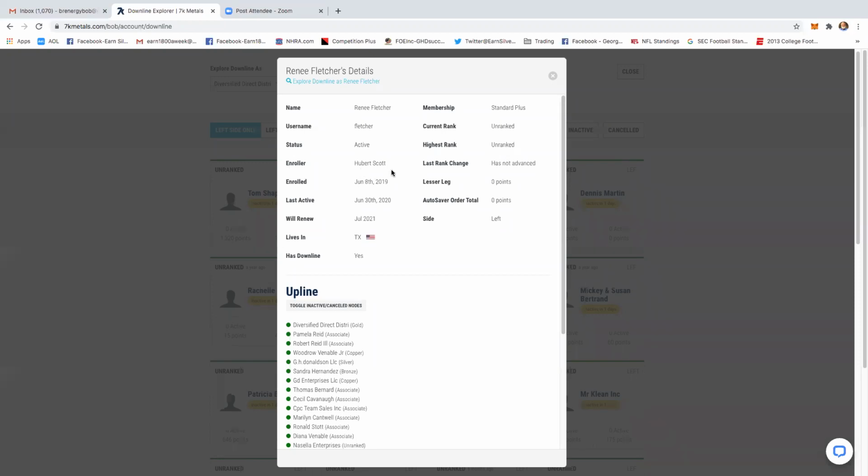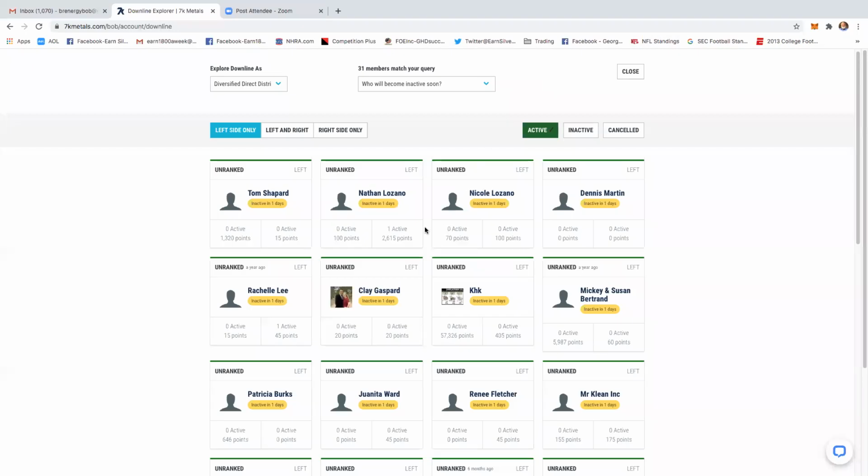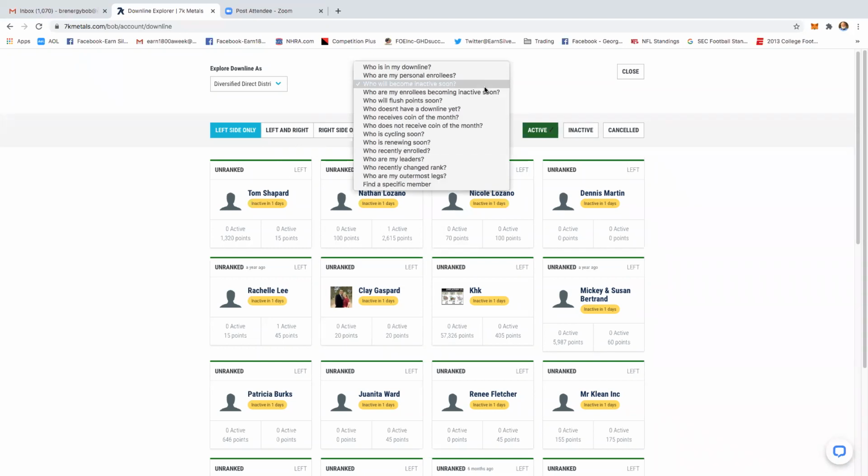If Hubert is an associate and Renee is one of his actives, then Hubert is going to fall out maybe as an associate. We wouldn't know until we went to Hubert's downline. So now, what do I mean by that? We don't have to know how to get into Hubert's back office. What we need to do is learn what these questions mean and what they tell us. And that's what this is all about.